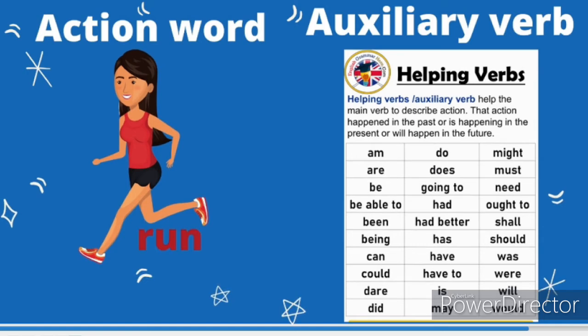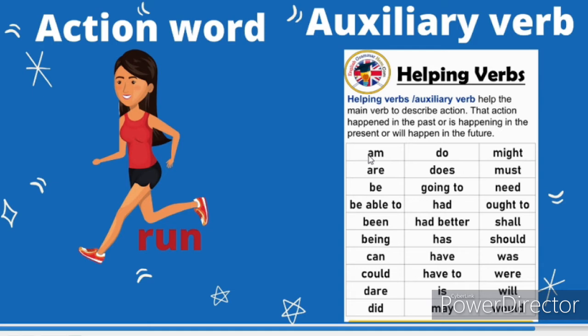Verbs come in two kinds. A verb could be an action word, for example, run, watch, write, and it could also be an auxiliary verb, or in other terms, a helping verb. Helping verbs or auxiliary verbs help the main verb to describe action.